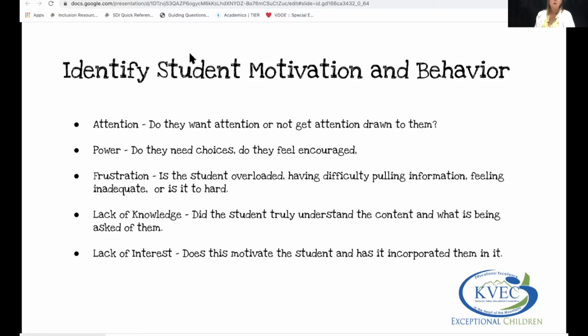And then, of course, frustration. Is the student overloaded? At this point, like I said before, this can easily be taken care of. If I'm overloaded because of how much information is being given to me, one of the things you may need to put in the IEP is that they'll only be given a certain amount of problems. I don't want to frustrate them. I don't want to overload them. So they're only getting 5 at a time, or they're only getting 10 at a time.